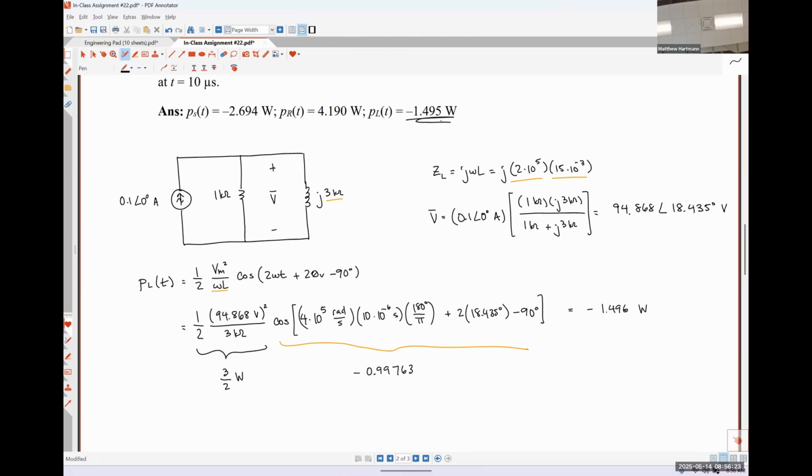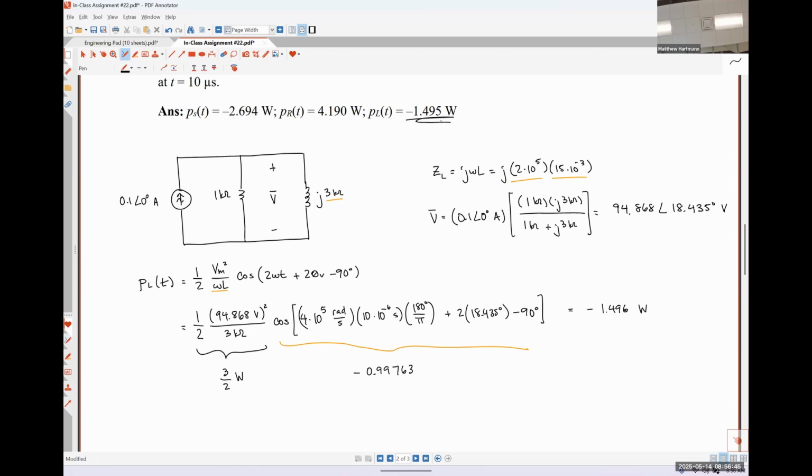So key caveats that I want to remind you of when you're doing these calculations later on today for this in-class assignment and also on your homework assignment. Phasors do not go into these instantaneous power relationships literally ever. We just take the parts of the phasors that we need, okay?